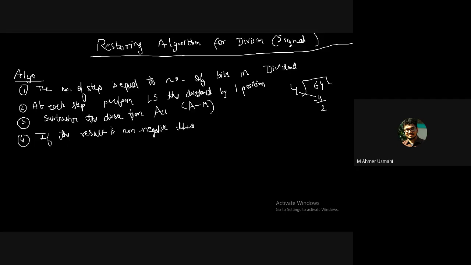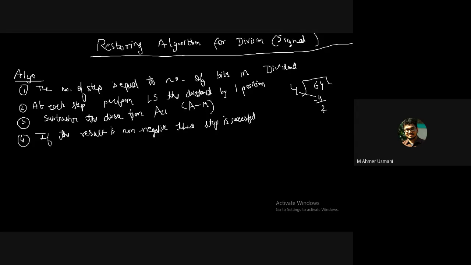I'm taking a lot of time to write. Is my handwriting okayish? Yes, sir. Okay, you should comment. I'm writing with my mouse. So if the result is non-negative, then we say that this step is successful.